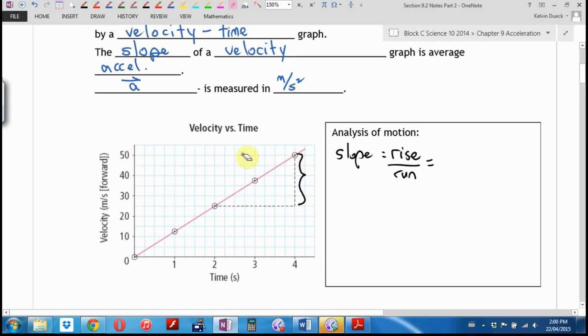Rylan, how high right here? How high right here? 25. Okay, 50, 25. What's the rise? If I end up at 50 and I start at 25, what's the rise?